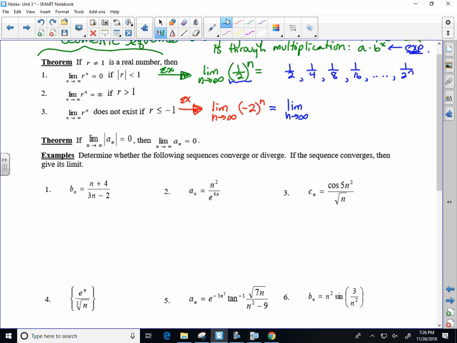Think how I want to do it in such a way that's not going to be confusing. Let me do it this way. Rewrite it, rather than kind of skipping to the punchline.